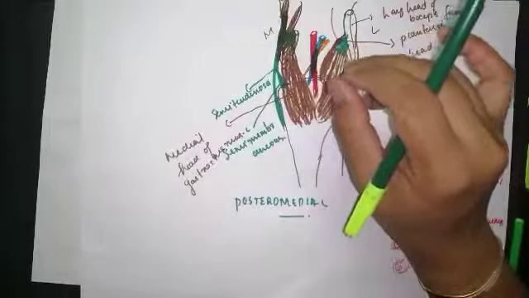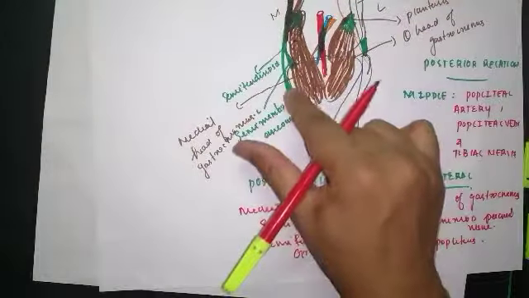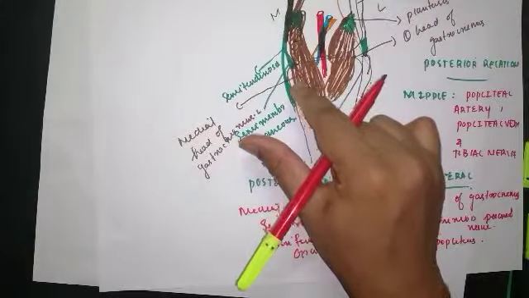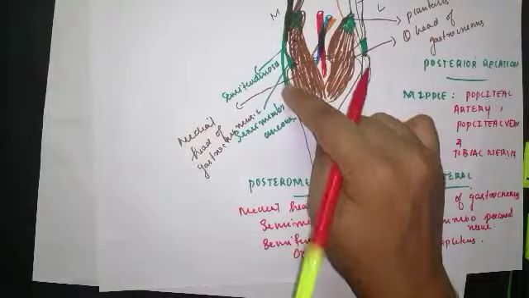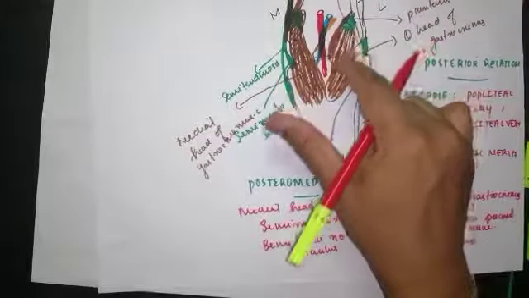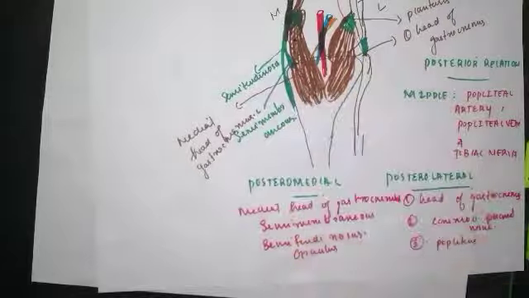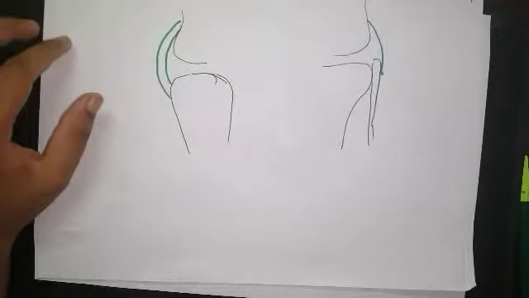So these structures form the posteromedial relation. We know that the popliteus gets inserted on the medial aspect of the tibia here. So the insertion of the popliteus also forms a posteromedial relation, whereas the tendon of the popliteus from its origin forms a posterolateral relation. To discuss the medial and lateral relation, we will use this diagram.